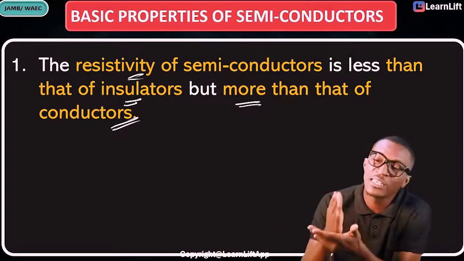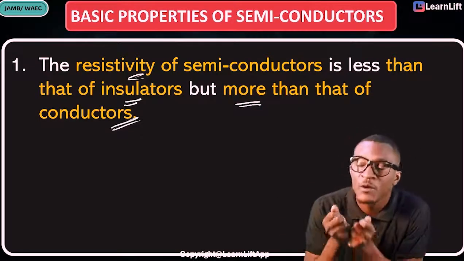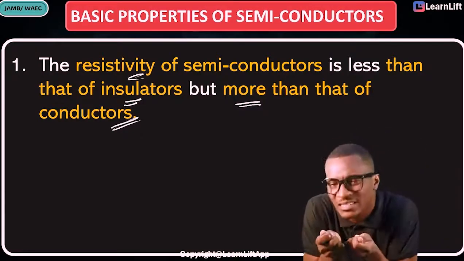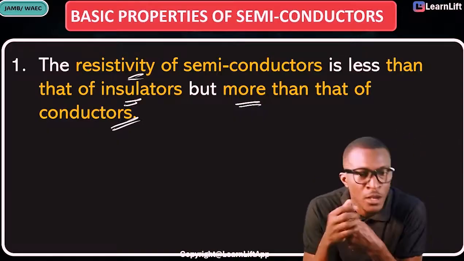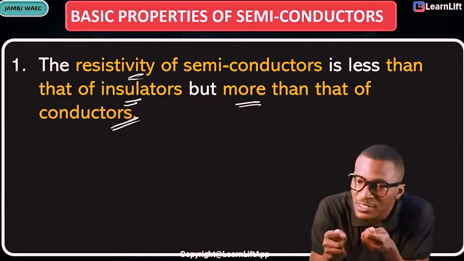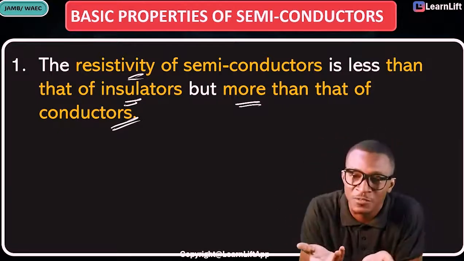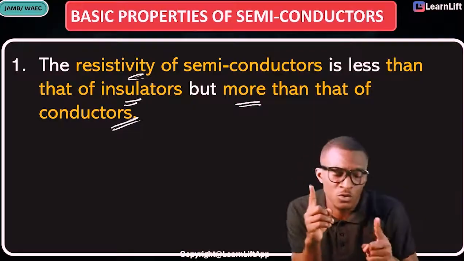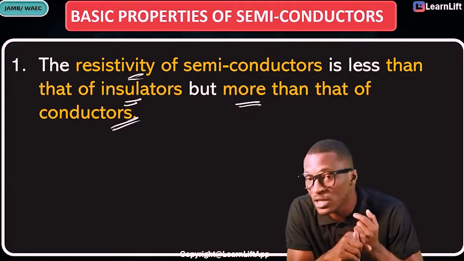Because for them to conduct, it means that their resistivity, which means their opposition to current, is less than that of insulator. Insulator has high resistivity, but their resistivity is more than that of what? Conductor, because conductors have low resistivity. That's why they easily conduct.